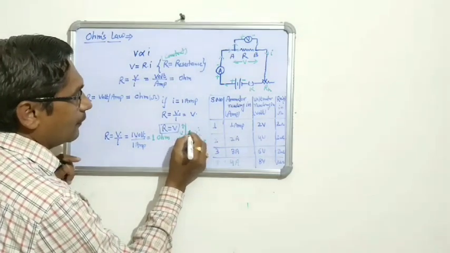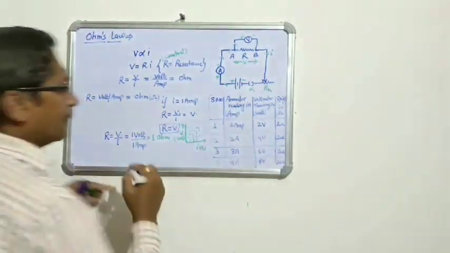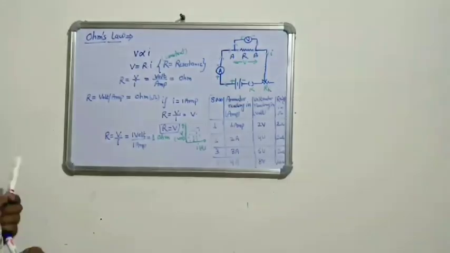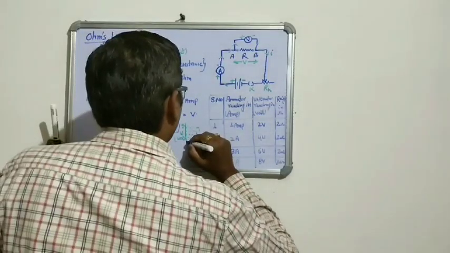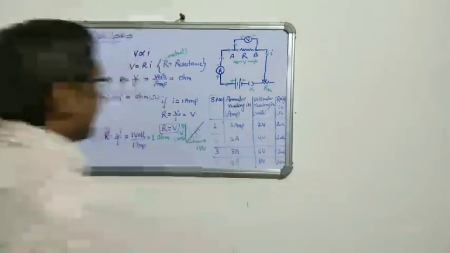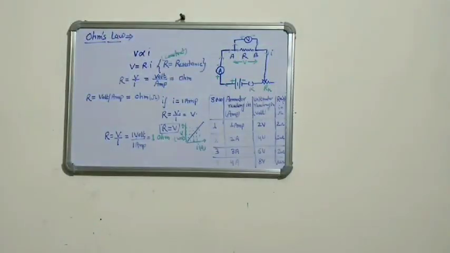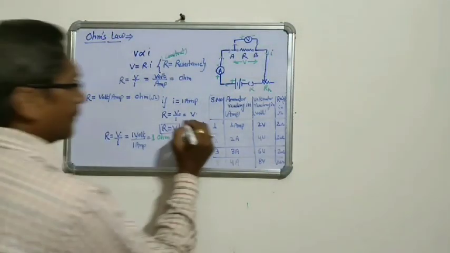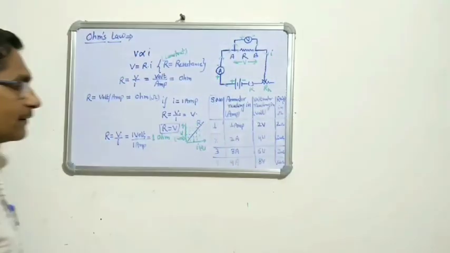Then the line is straight, and this is equal to R, resistance.